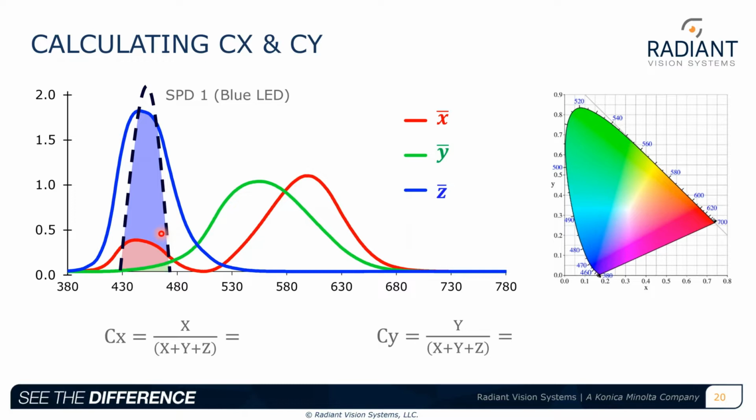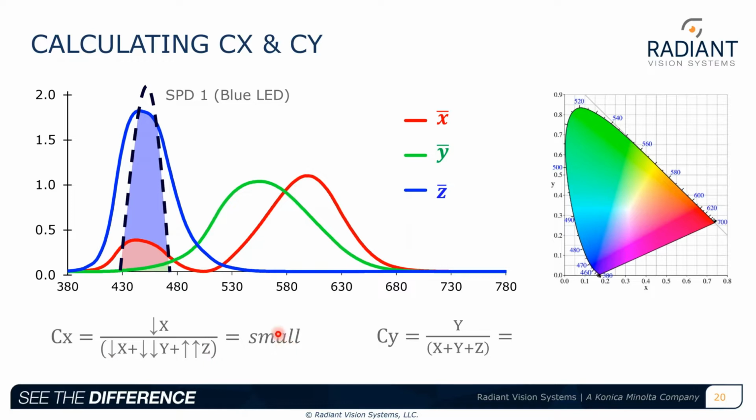An arrow that points up is large, 2 arrows that point up is really large, an arrow pointing down is small, 2 arrows pointing down is really small. So I'll show an example with Cx. Our tristimulus X, which is the area bounded here, is small. Our Y is really small, and then in the denominator we get the really big component from Z.